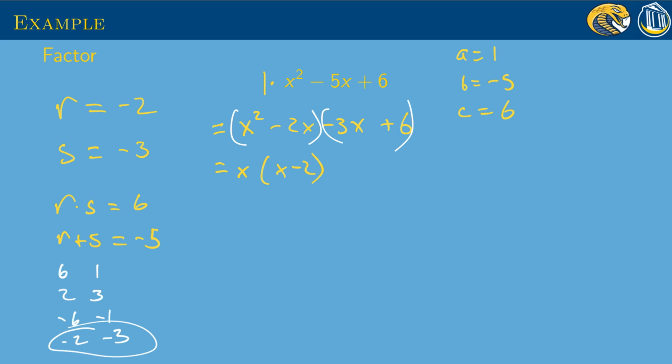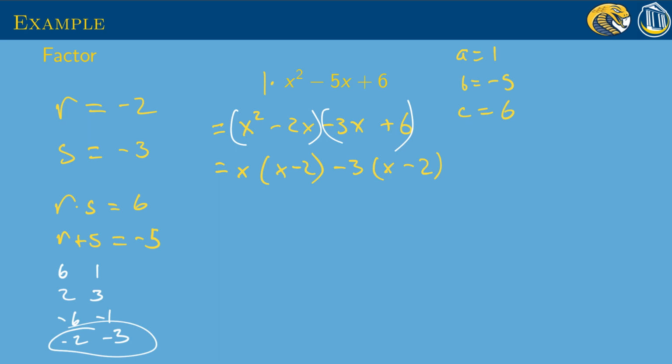Now, for this second term, minus 3x plus 6, we could choose to pull out a 3. However, I'm going to suggest we pull out a negative 3 specifically so that we get minus 3 times, and then what's left over? Well, minus 3 pulled out of minus 3x, that just leaves an x, and minus 3 pulled out of 6 gives us minus 2.